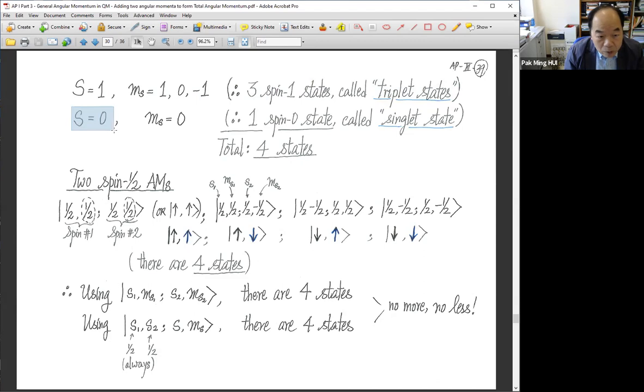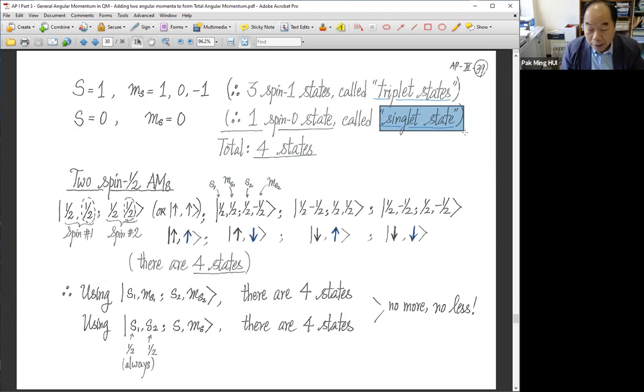Similarly, the S equals 0 situation will be called singlet states. This labeling will be used widely in atomic physics, in molecular physics, and in many modern quantum mechanical applications.